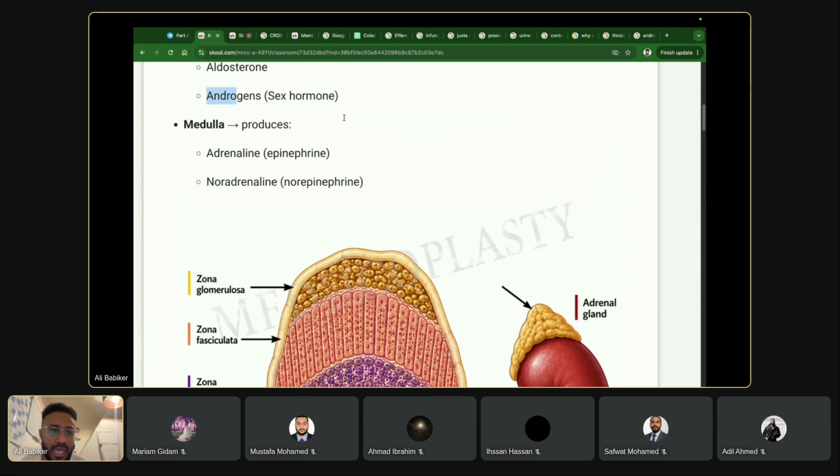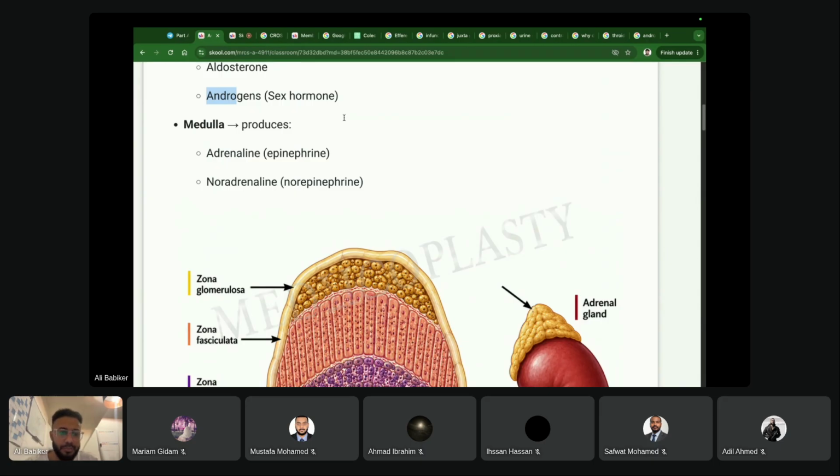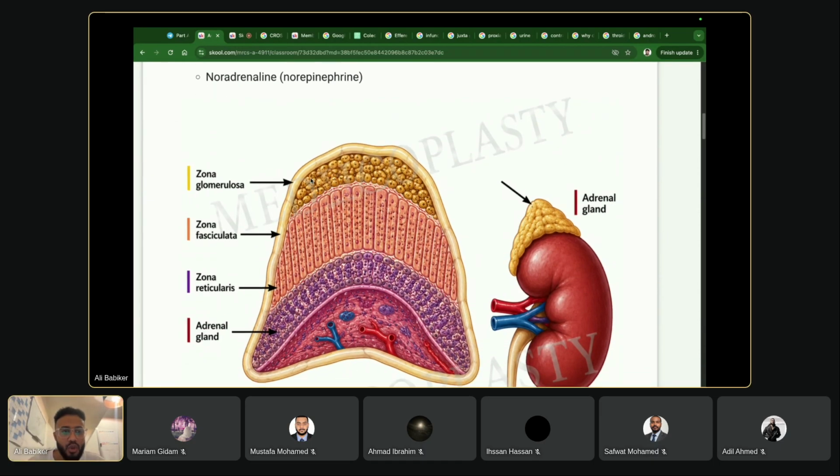The medulla produces adrenaline, epinephrine, and noradrenaline, norepinephrine. Here you have zona glomerulosa, zona fasciculata, and zona reticularis. This is not the adrenal gland. This arrow was supposed to be for all of these. All of this is adrenal gland.